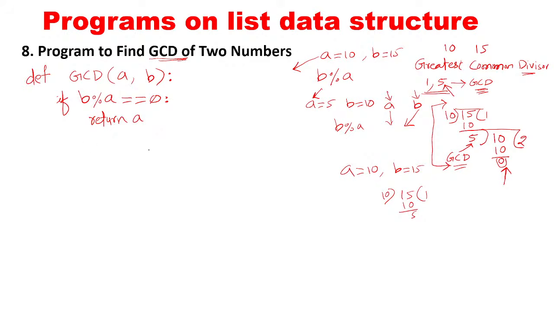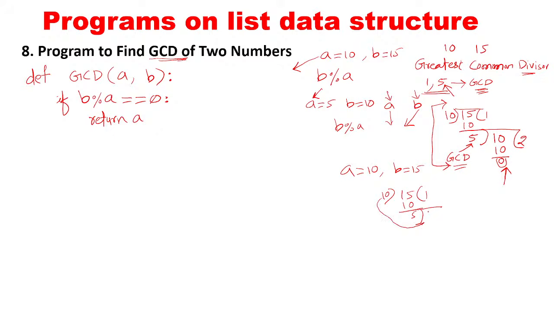Then again you should continue the same division process. How do you continue? By considering the remainder as a, and the previous a value now becomes b. So you are taking this 10 here.